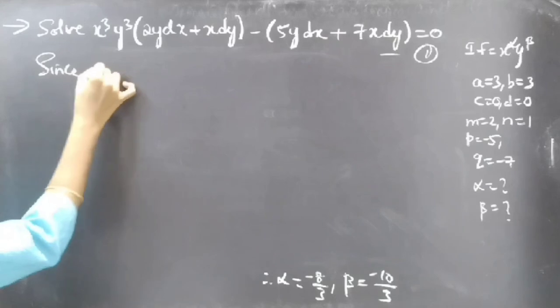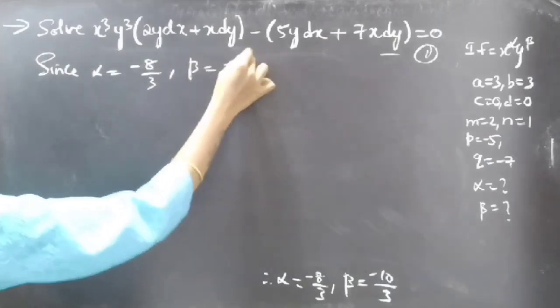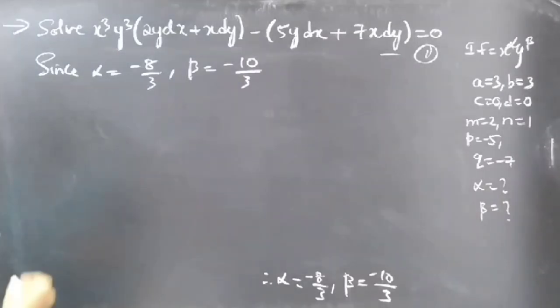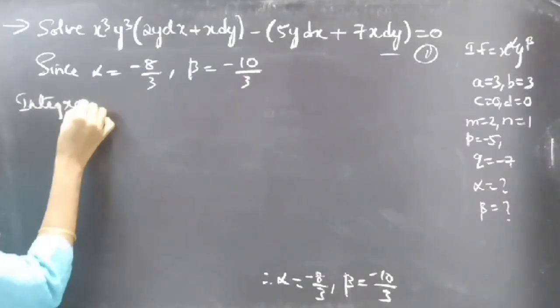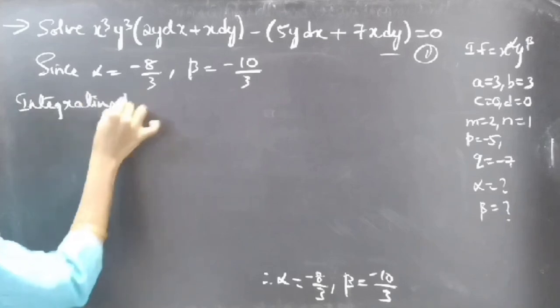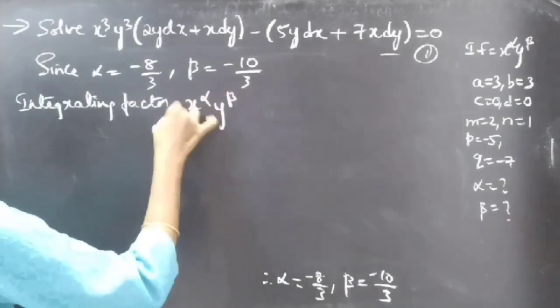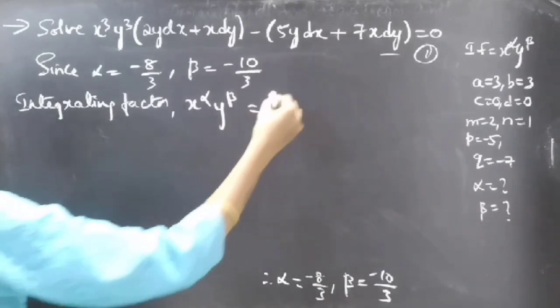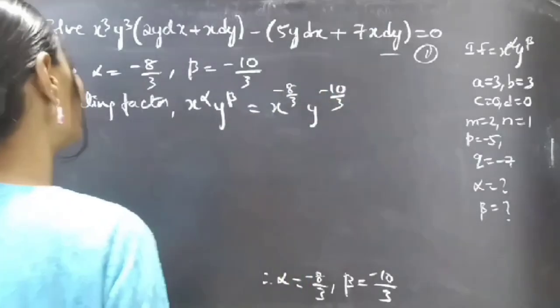Since alpha equal to minus 8 by 3 and beta equal to minus 10 by 3, then the integrating factor becomes x power alpha y power beta, equal to x power minus 8 by 3 y power minus 10 by 3.